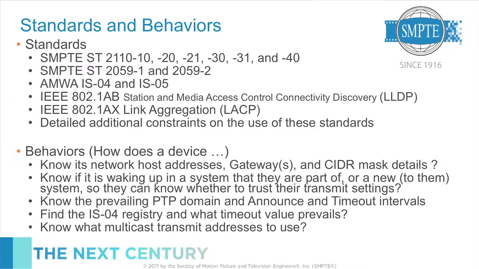So standards, we got lots of them. We use them all. So yes, 2110, 2059, IS-04 and 05. 802.1AB, that's not one everyone thinks about, but that's how the network knows what's connected to it. It's actually a really handy thing if devices implement that. And you know something? It's built into the Linux kernel. It's built into the Windows kernel.